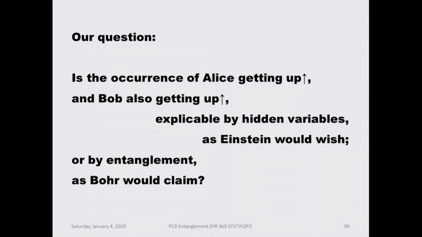And our question is the following: if the occurrence of Alice getting a spin up and Bob also getting spin up, is it explicable by hidden variables?